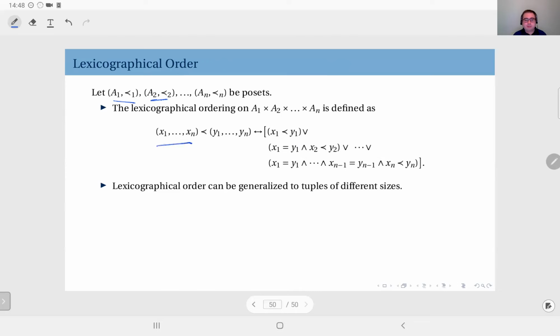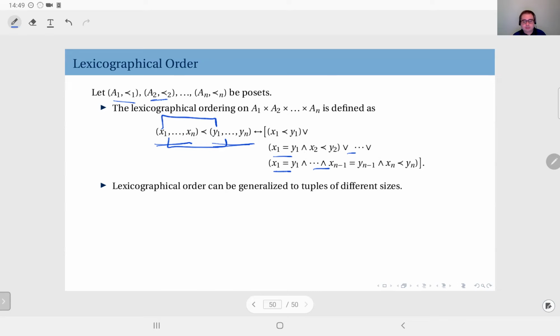Let's say you have an n-tuple x1 through xn and another n-tuple y1 through yn. When you say this is smaller than this, what you mean is either the first element x1 is smaller than y1, regardless of the others, or they are equal, but the second element x2 is smaller than y2, or the first two are equal, x1 equal to y1, x2 equal to y2, and the third element, x3, is less than y3.